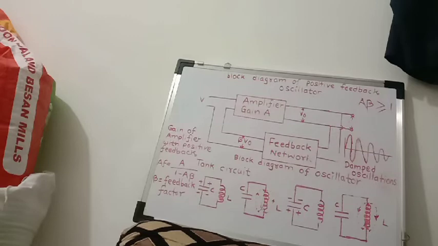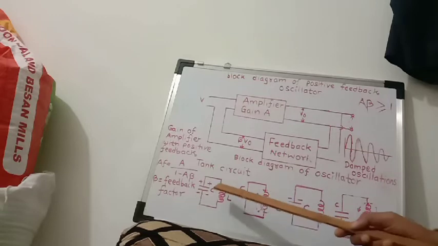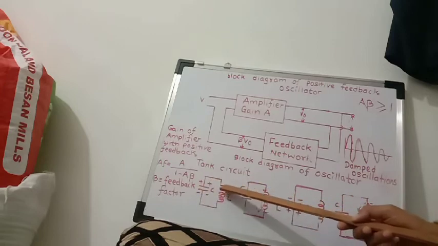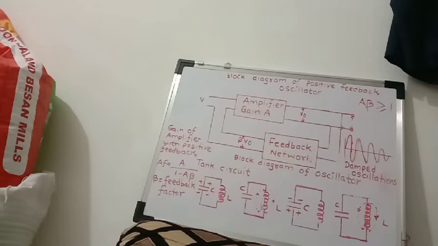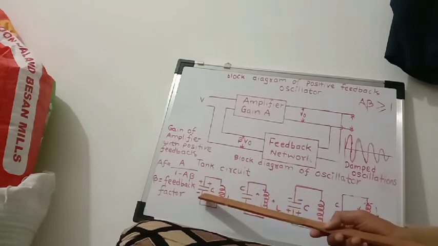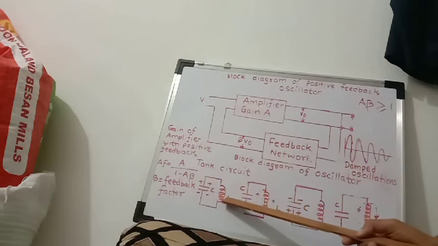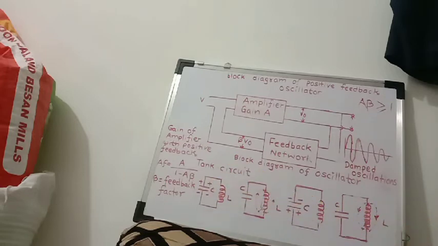Now the capacitor discharges through the inductor L. If a charged capacitor is connected, then this capacitor discharges through this inductor L. After 1/4 cycle, that is, see here, this is a sine wave.